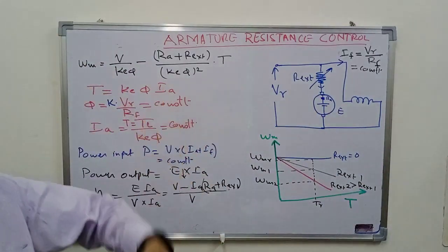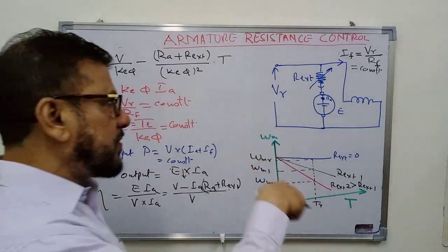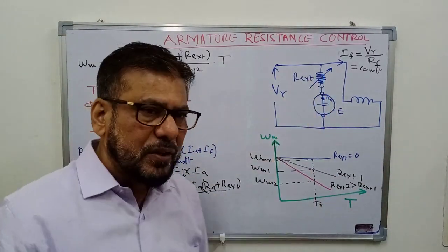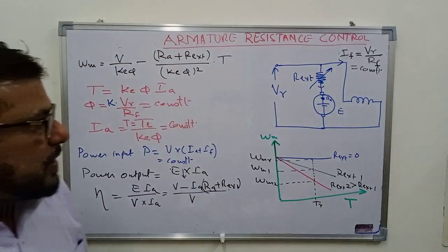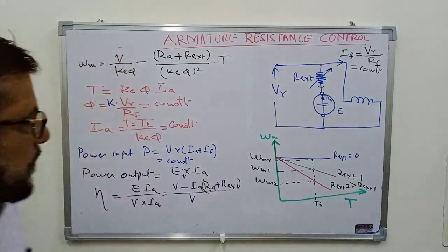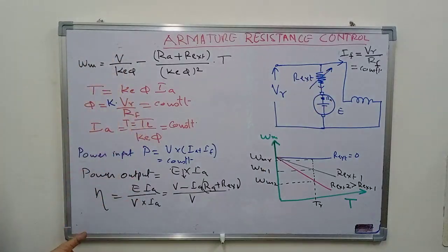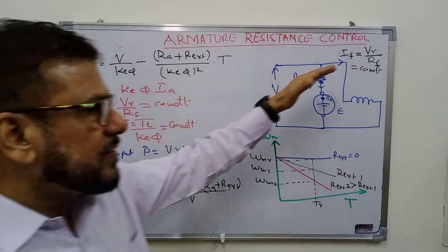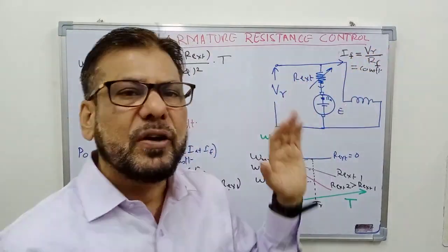Motor has to produce that torque. So the torque is constant, so the current will also remain constant, whatever will be the resistance in the external armature circuit. So how is it happening? That we are increasing the resistance, but still current remains constant.